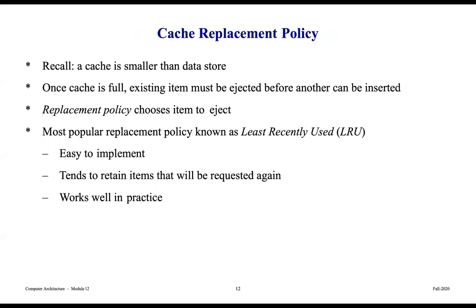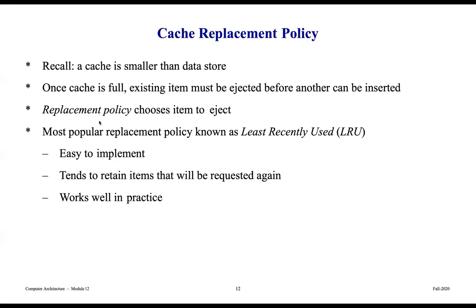So let's spend a little time and talk about the cache replacement policy. Recall that a cache is smaller than the data store, so it can only hold a small portion of it. Once a cache is full, existing items must be ejected before another item can be inserted. So it's a best estimate of the things that should be in the cache, and there needs to be an approach for doing that.